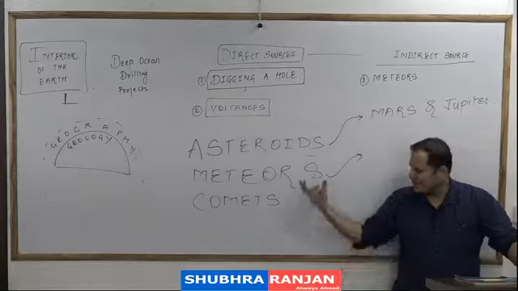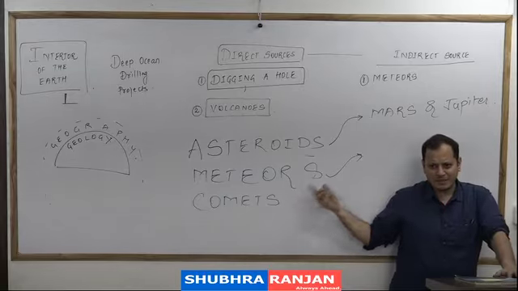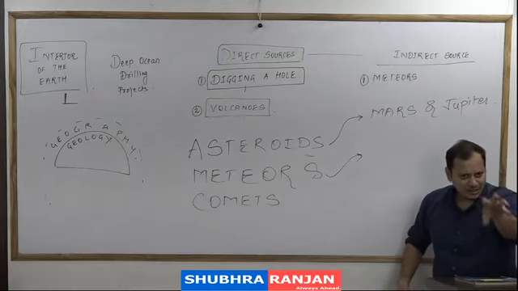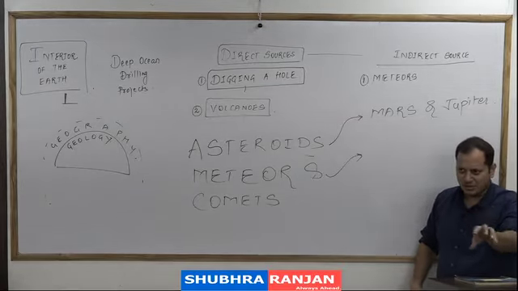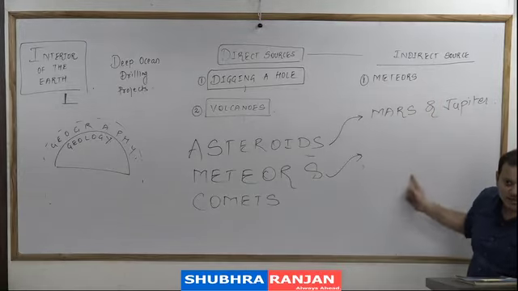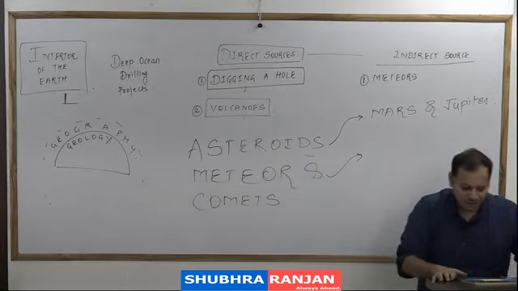So meteors will be the part of the geographical part because they come on the interior of the earth. Now are you directly studying the interior of the earth with studying the meteors? No, you are concluding something, and therefore I have taken it as an indirect source. So take down meteors.